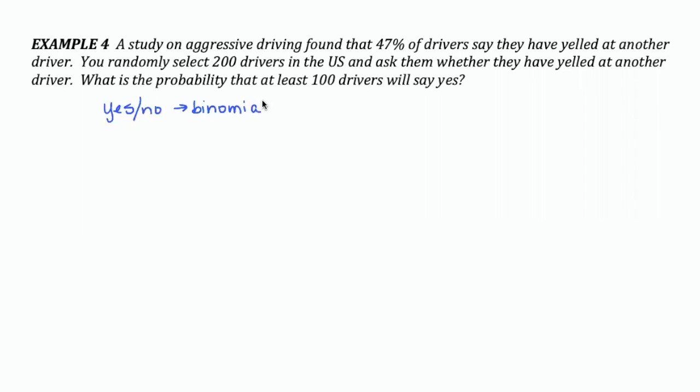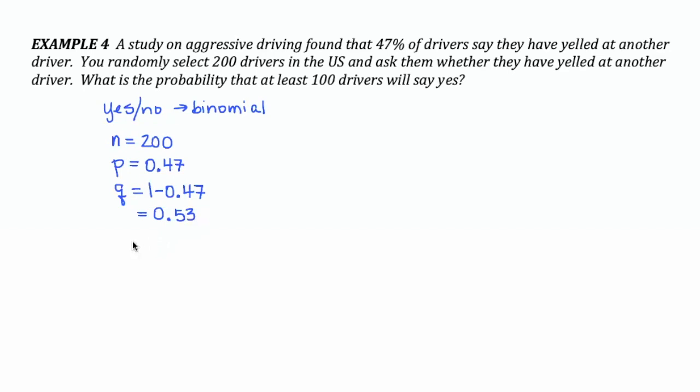So I want to consider my variables. N, my total sample size, is going to be 200. My probability of success, that they say they have yelled at another driver, was 47% or 0.47. My probability of failure, or a person responding no, will be 1 minus that value, which is going to be 0.53.